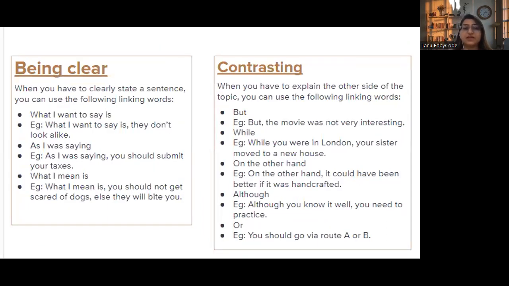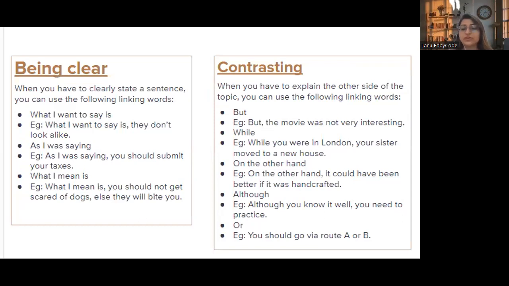Being clear. When you want to state your statement very clearly, what linking words can you use? What I want to say is, as I was saying, what I mean is. So again, you are using different connectors to state your statement very clearly, right?